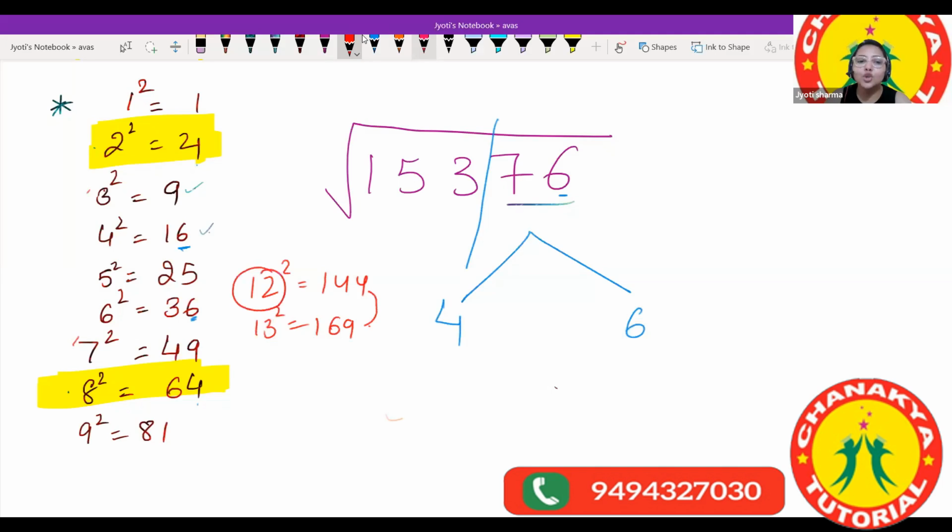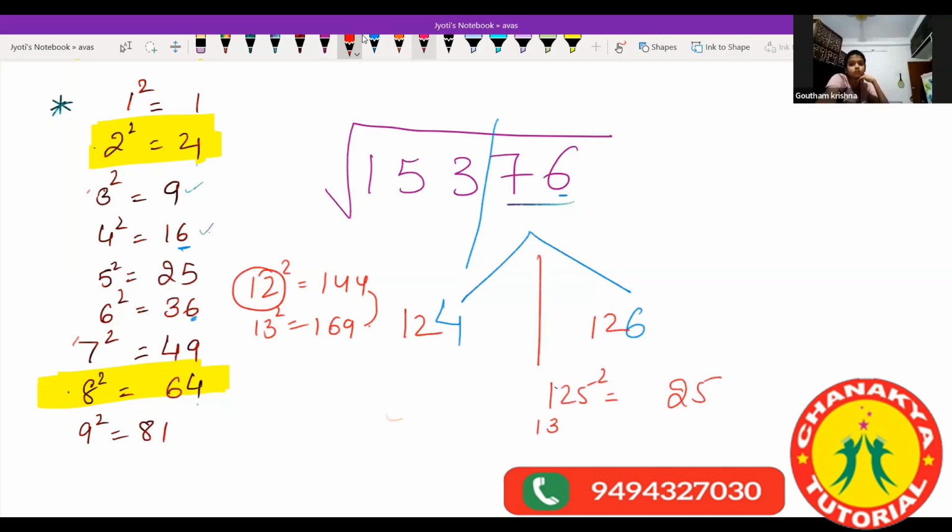So you will be selecting the lower number. Now, 125 square. 5 fives are 25. Now 12 you need to multiply by 13. So 12 threes are 36, 12 ones are 12. 15625. So this number is smaller. So 125 is your answer.